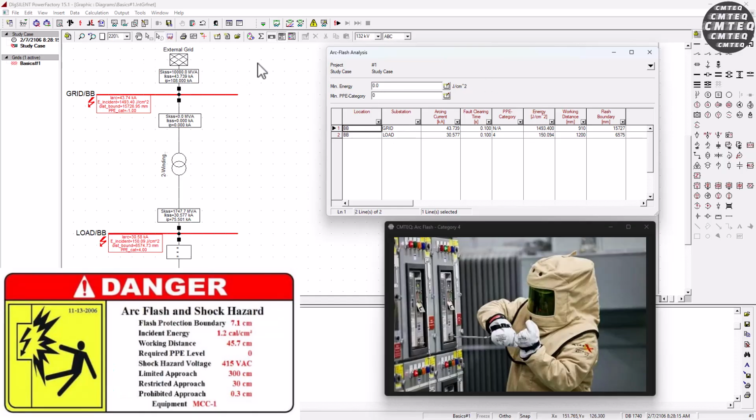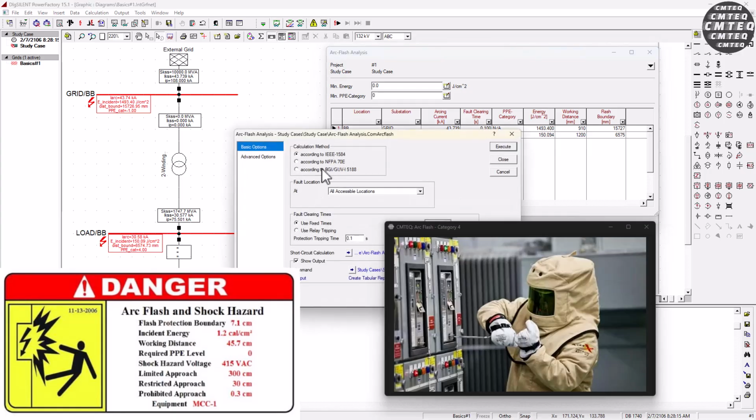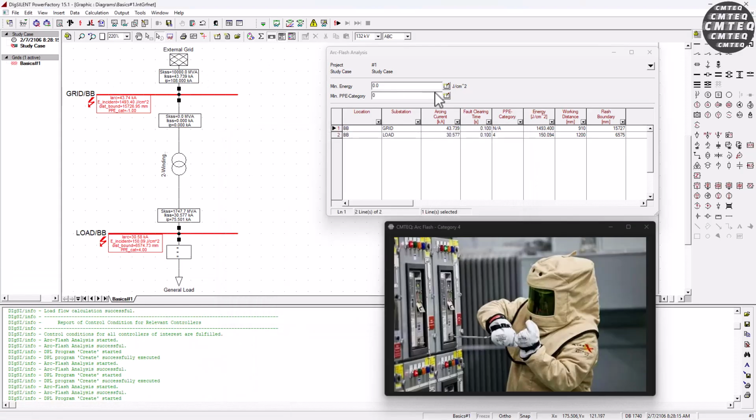So now that we've completed the simulation in DIgSILENT using the IEEE 1584 standard, which basically defines the calculation metrics for the arc flash analysis, it is now time for us to understand what these results mean in terms of system safety and the PPE category.